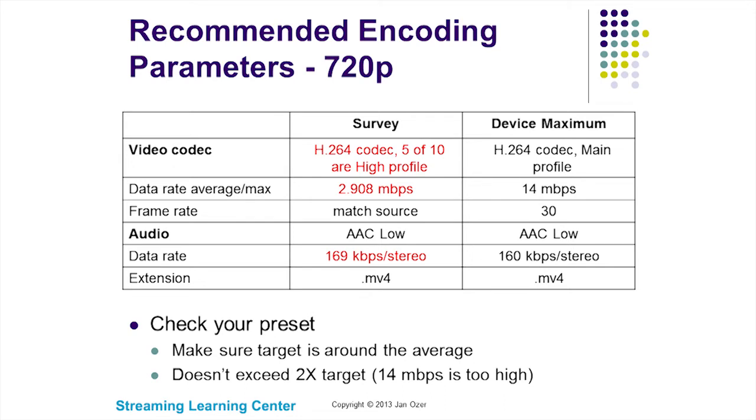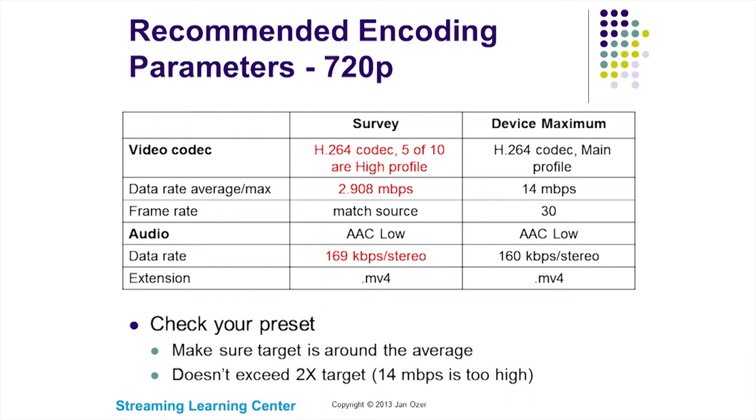If you're producing 720p video, the average I saw in my free iTunes podcast was around just under 3 megabits per second. The maximum is 14 megabits per second, and a lot of encoding tools produce at the maximum. So if you pull a preset from Compressor, for example, and you say, I want to compress for iTunes at 720p, the data rate they use is 14 megabits per second.